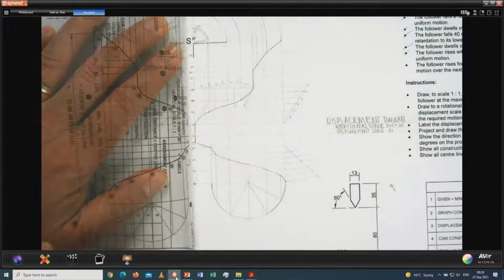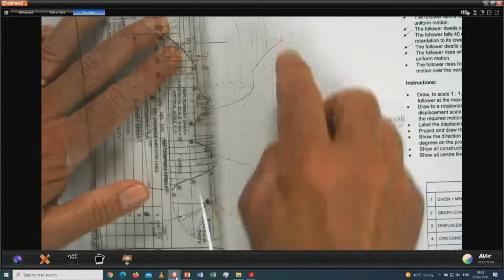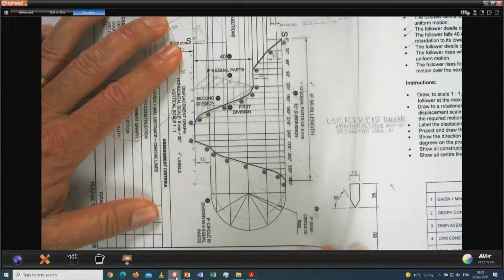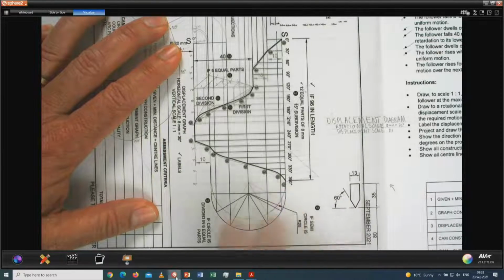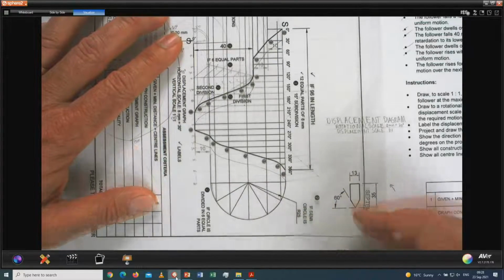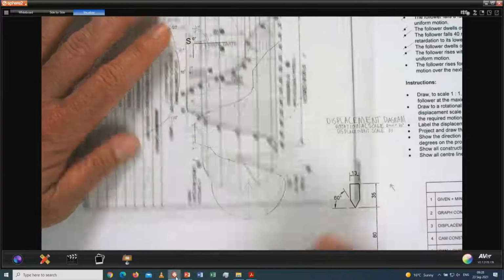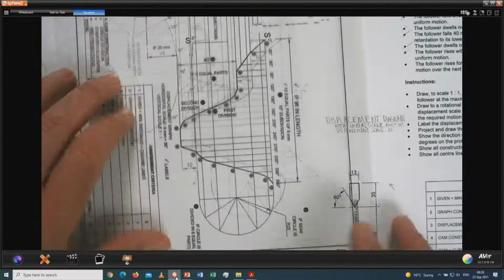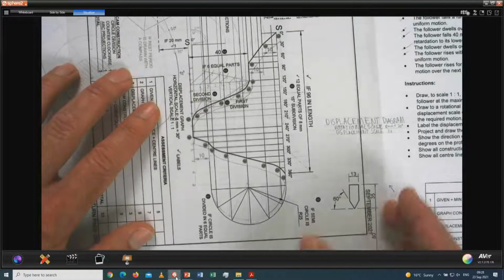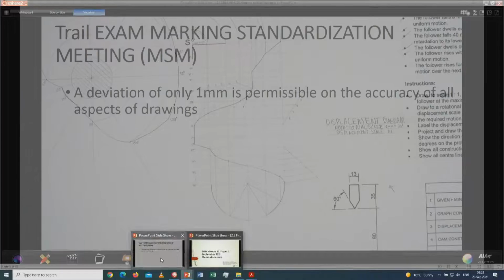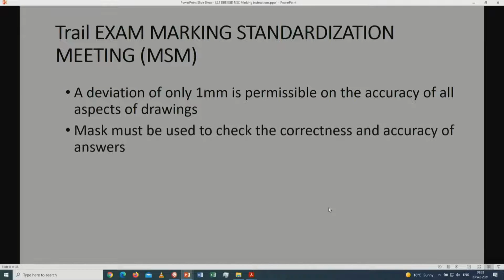So that distance of the learner from this point to that point correlates to what your dimension is. Of course, sometimes it will happen that you have to move your transparency to make sure that everything is okay and everything is fine, because the learner can place this at any distance over here. So therefore, in that case, you have to sometimes move it. And the same with windows and doors and everything that goes with that. All right, so that is 1 millimeter permissible for deviation.